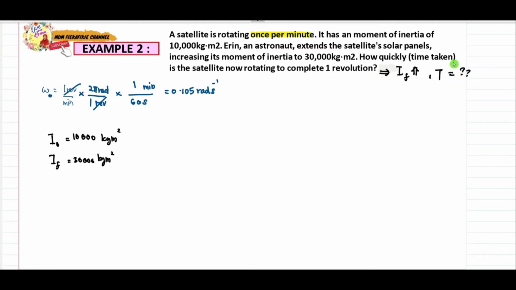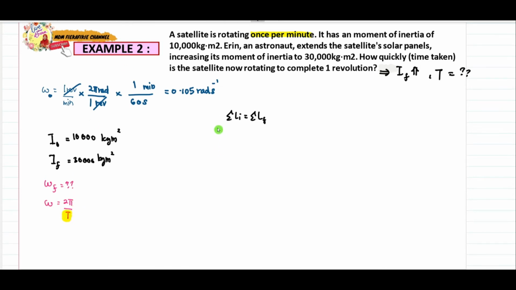Okay, so we can use the conservation of angular momentum, where total L_i is equal to total L_f. Kenapa? Sebab saya nak cari omega final. From omega final, we can use this equation, omega equal to 2 pi over T. So idea dia dekat sini, kita nak cari T.